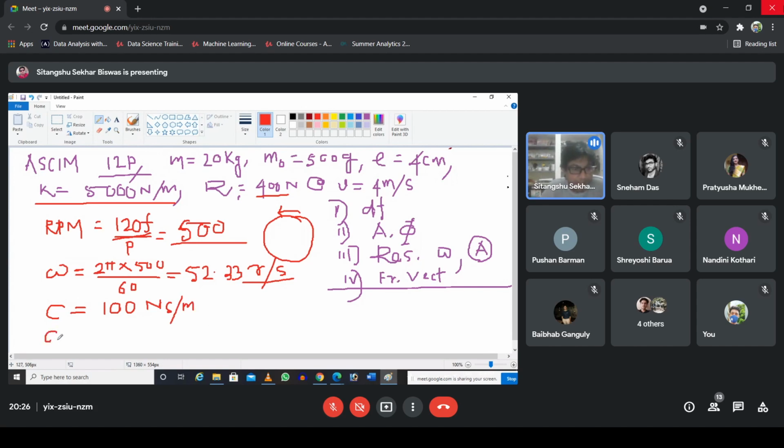Now the critical damping, we know that all you studied during your engineering mechanics, that is 2 into root over Km. Now the total mass is 20 kg, K is 5000 Newton per meter. Now what is this cc? Find out.